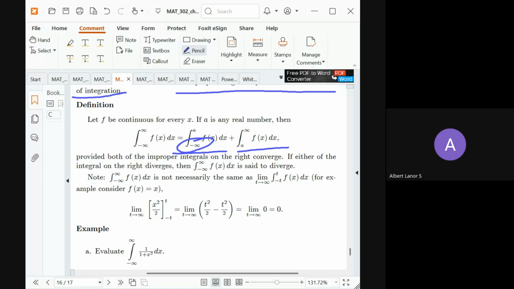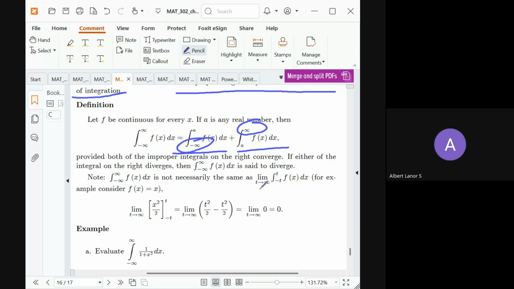So set a t, then find the limit as t goes to minus infinity. Then for the infinity one, set a t and find the limit as t goes to infinity. Provided both of the improper integrals on the right hand converge, then the integral converges. Now, if one of them does not converge, then the overall thing also does not converge.